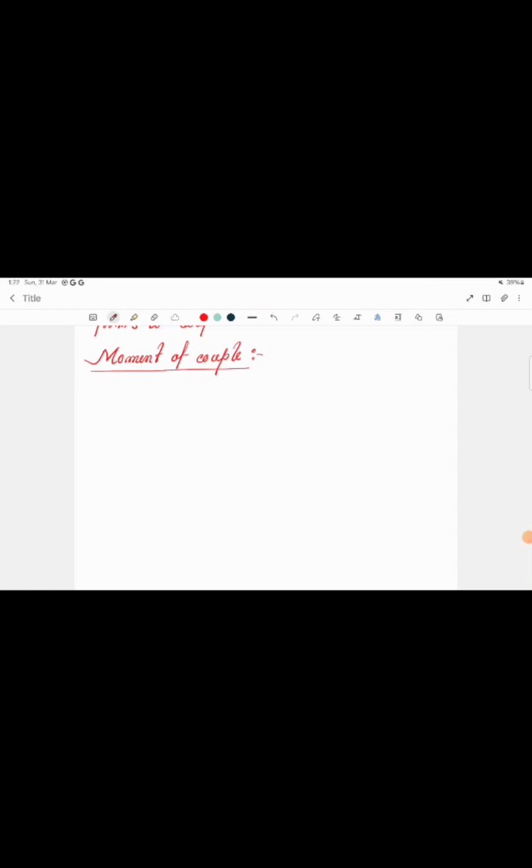Suppose we have taken a bar, AB is the bar we are taking. We are applying the force in both opposite directions. This way we are applying some force, and the same way on the other side we are applying some force.